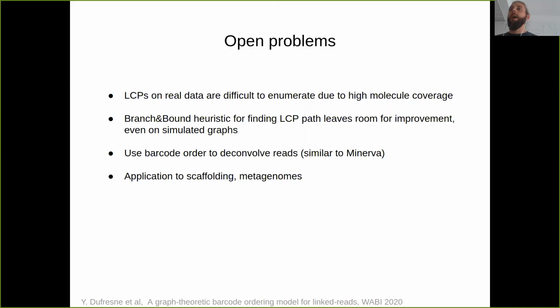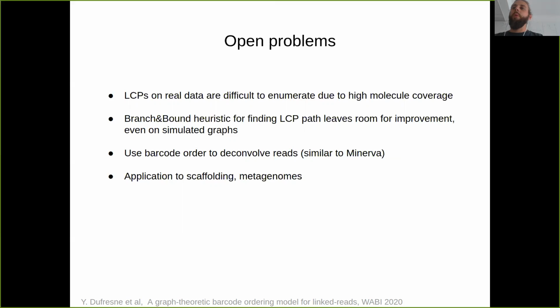And right now we are here, and we are trying to scale up our algorithm to construct the LCP graph on real data, because when we have real genomes, the barcode graph has local dense clique areas. And for that, we can't create LCP paths for now, but we are scaling up.